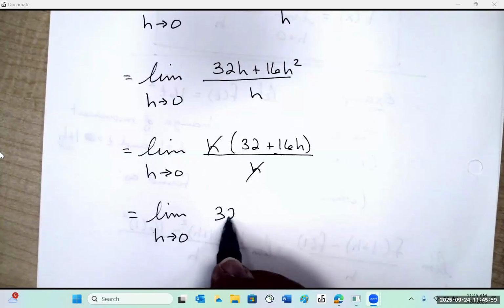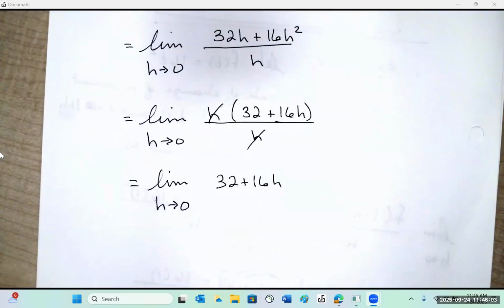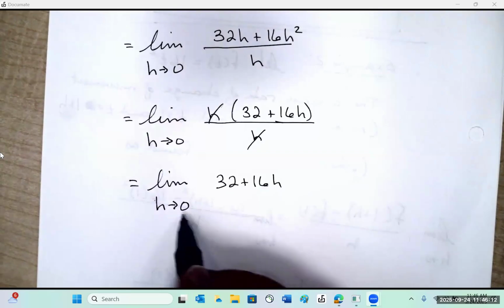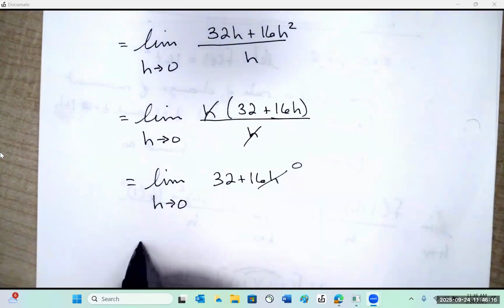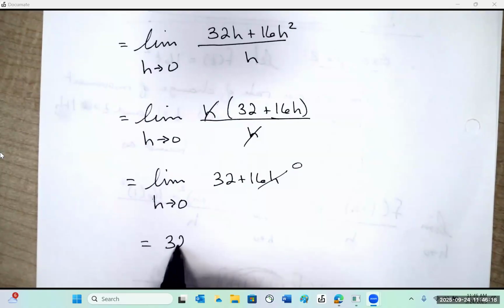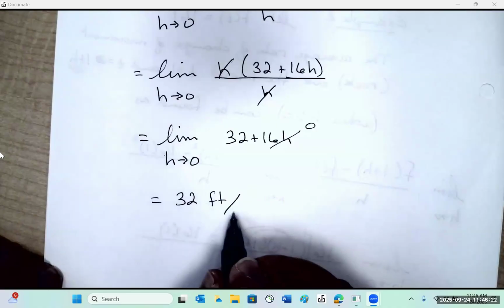We have 32 plus 16h. h goes to 0. So we're left with 32. 32 feet per second.